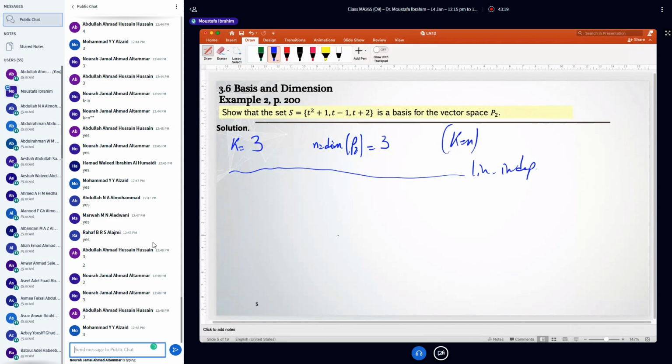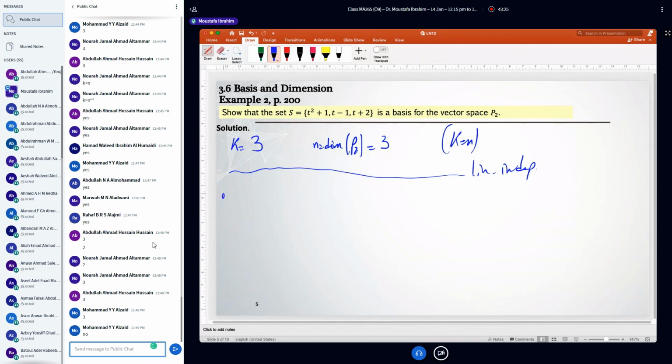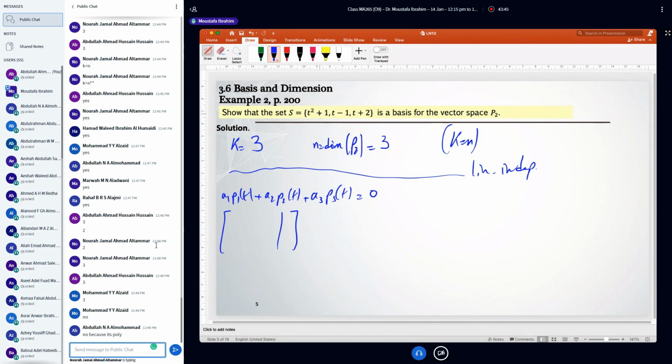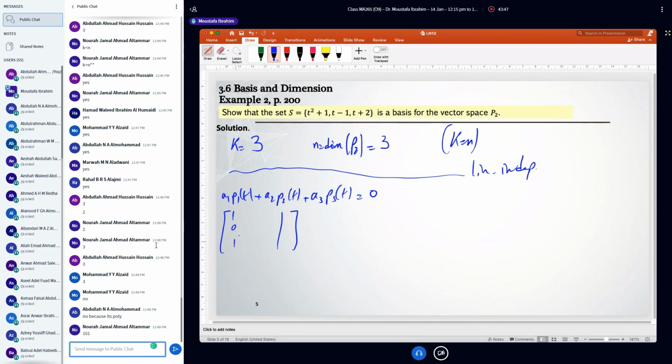Can we use the determinant here? No, because we don't have Rn, so we have to use A1 P1 of t plus A2 P2 of t plus A3 P3 of t equals 0. But we can write the augmented matrix easily. So here t squared, t and 1, we don't have t, so 1, 0, 1. Then 0, 1, minus 1.